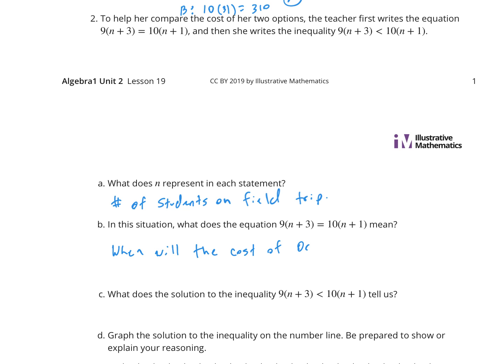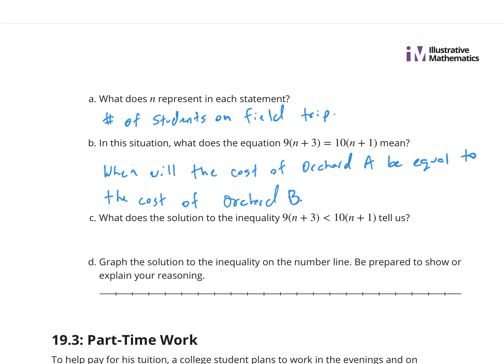And similarly, the inequality is asking us when will the cost of Orchard A be less than the cost of Orchard B?